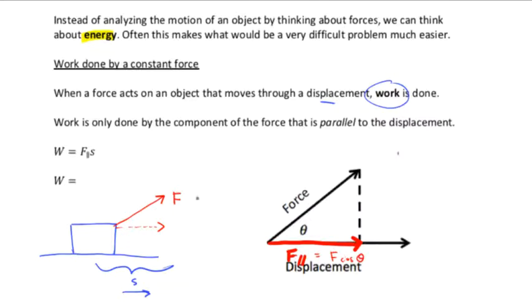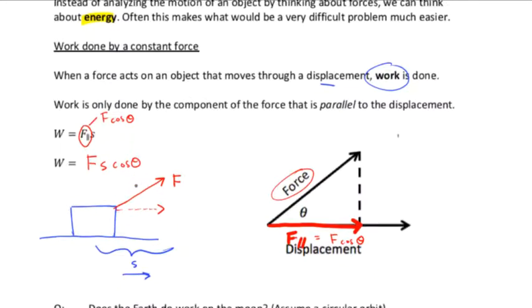So if we want F parallel, which is F cos theta, to be multiplied by our displacement to find work, then we write that as F, the magnitude of our force, multiplied by s, the displacement, times cos theta, cos of the angle in between them. And we often put the cos theta at the end. So that's our formula for work.